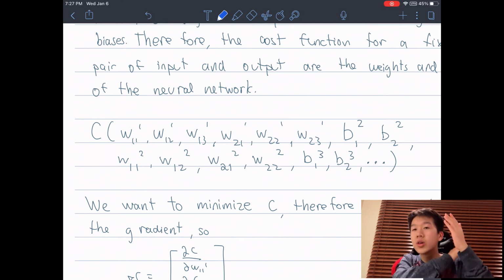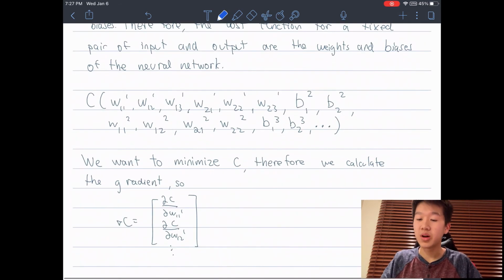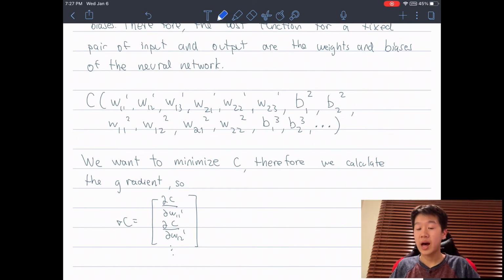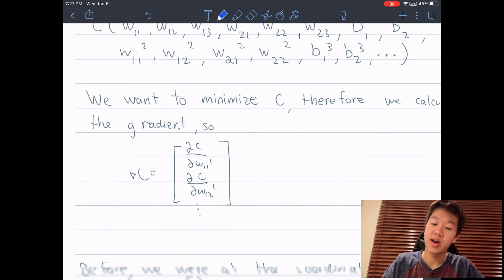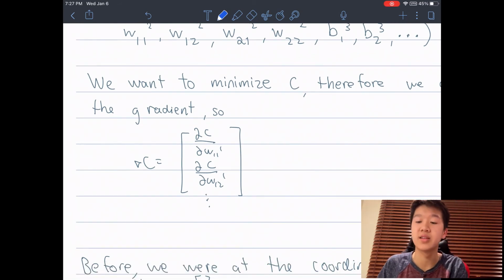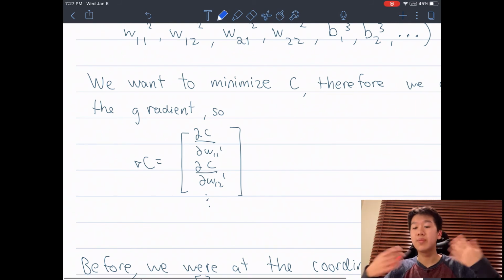So basically all the weights, and then B1, B2, and basically all the biases. So we want to minimize C, so we have to calculate the gradient. The gradient of C is equal to del C over del W111, del C over del W121, del C over every weight and every bias.